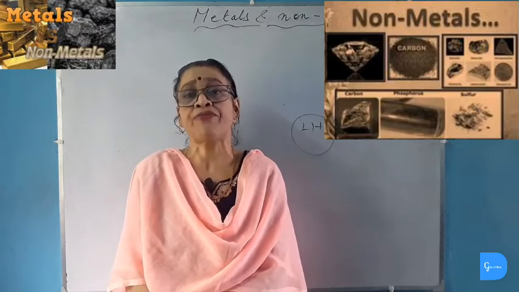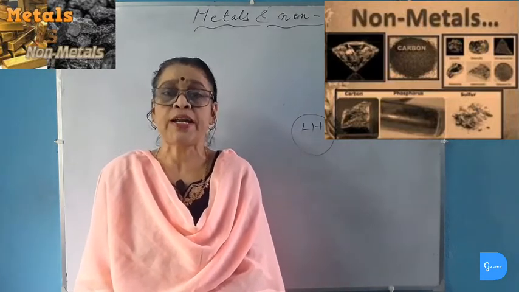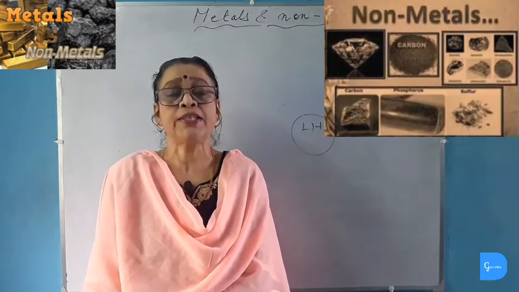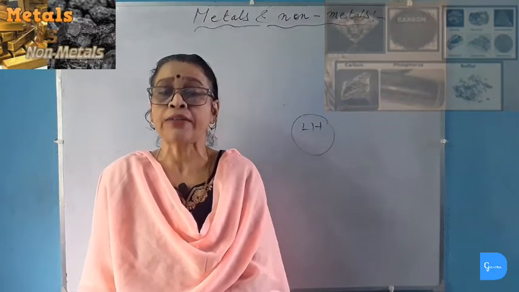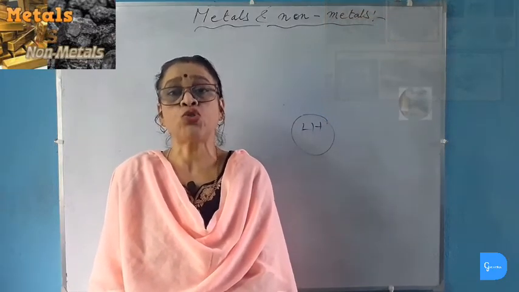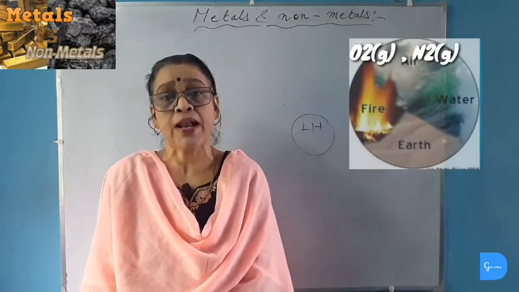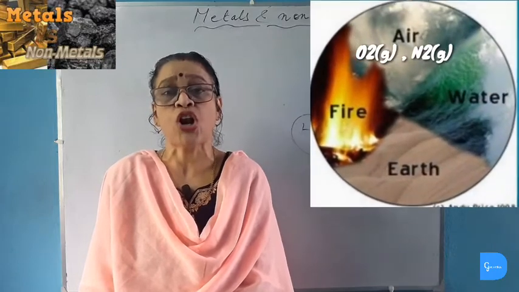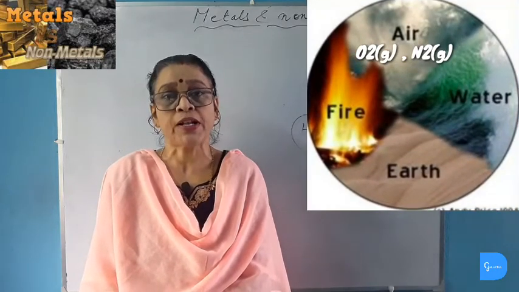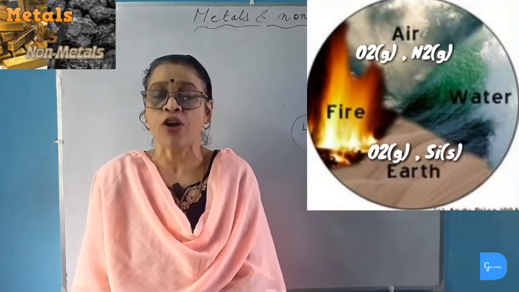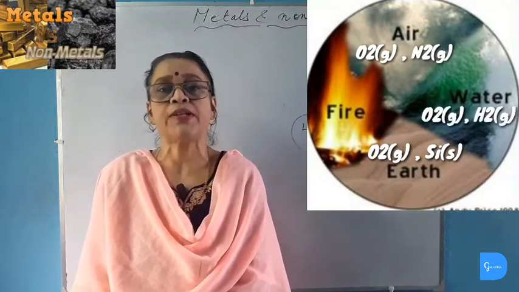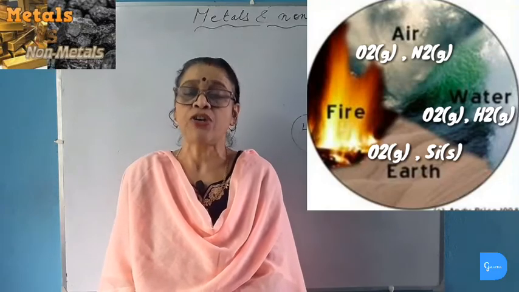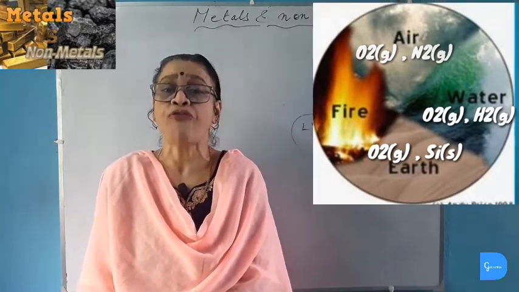Though non-metals are very small in number, only 22, these non-metals form the main constituent of air, earth and water. For example, the two non-metals oxygen and nitrogen form the main composition of air, the two non-metals oxygen and silicon form the main composition of earth, and the two non-metals oxygen and hydrogen form the main composition of water.